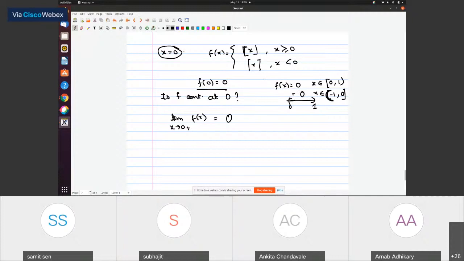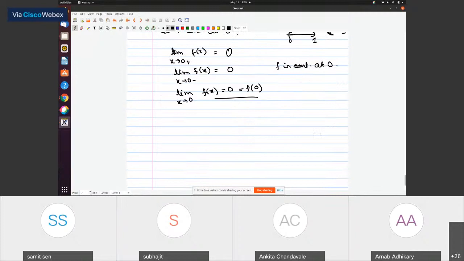Yeah, because we are taking the ceiling function of that. So the limit as x tends to 0 minus is also 0. So the limit exists at 0, and it is 0, which is the same as f of 0. So f is continuous. Okay, that's how we check.